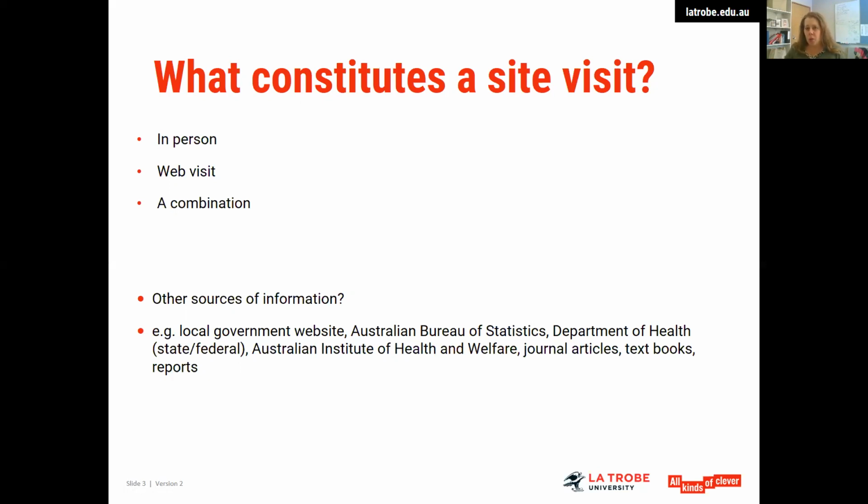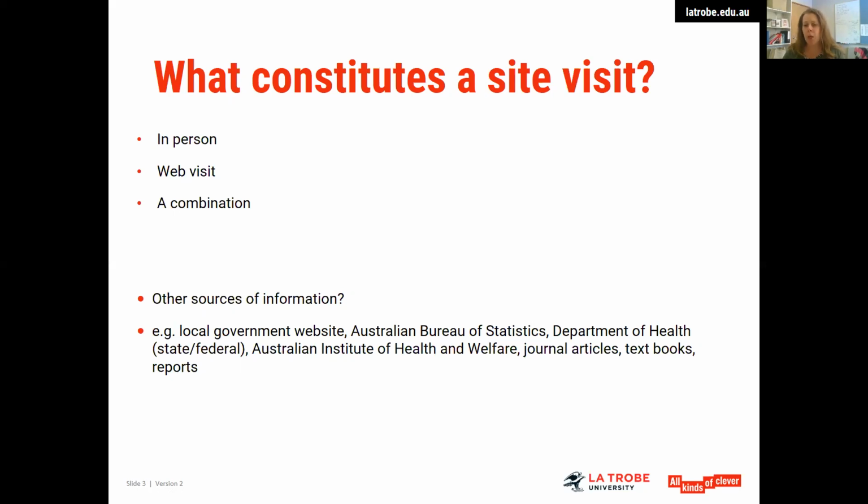The other option you have is doing a website visit. So lots of organisations maybe don't have an actual physical office, but they certainly do have a web presence. And even if they have a physical site, they also have a web presence as well. And so you can get a lot of information for this assessment from looking at the website, looking at things like strategic plans, annual reports or any other documents that they may have available on their website.